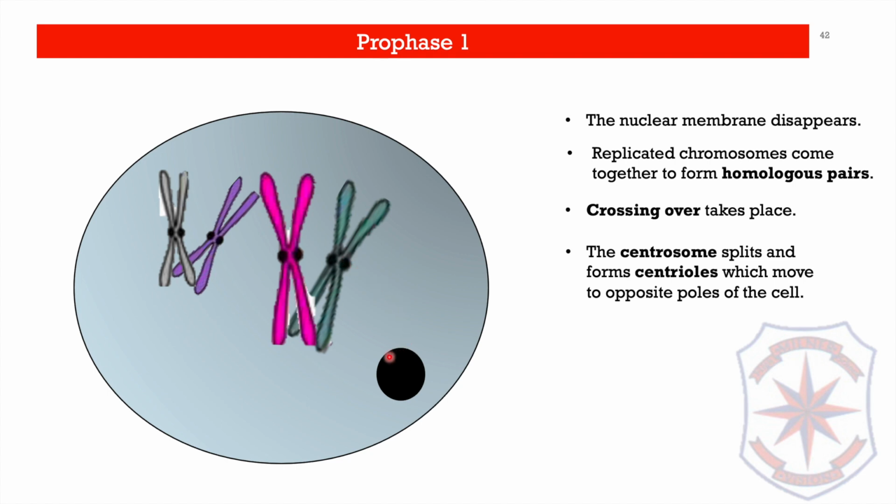And then we have the centrosome, singular, just one centrosome. And the way to memorize the centrioles is that the centrioles move to the poles of the cell. Centrioles for poles, okay? They rhyme.